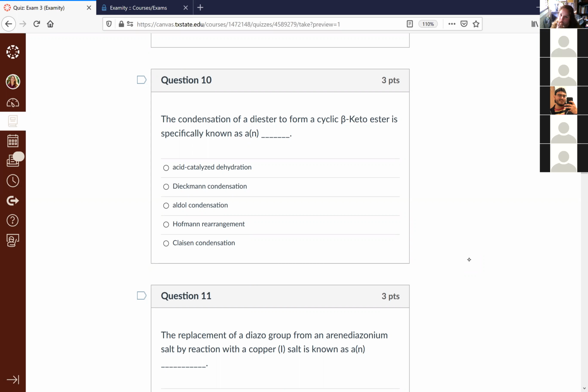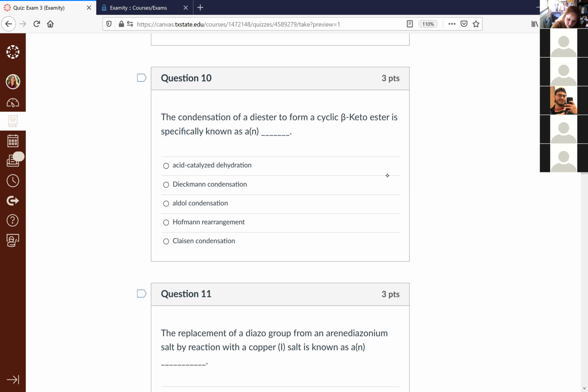Is it the Dieckmann condensation? Right, yeah. So remember, beta ketoester is the product of a Claisen condensation, but when it's two esters in one molecule and they create a cyclic structure, it's called a Dieckmann condensation.